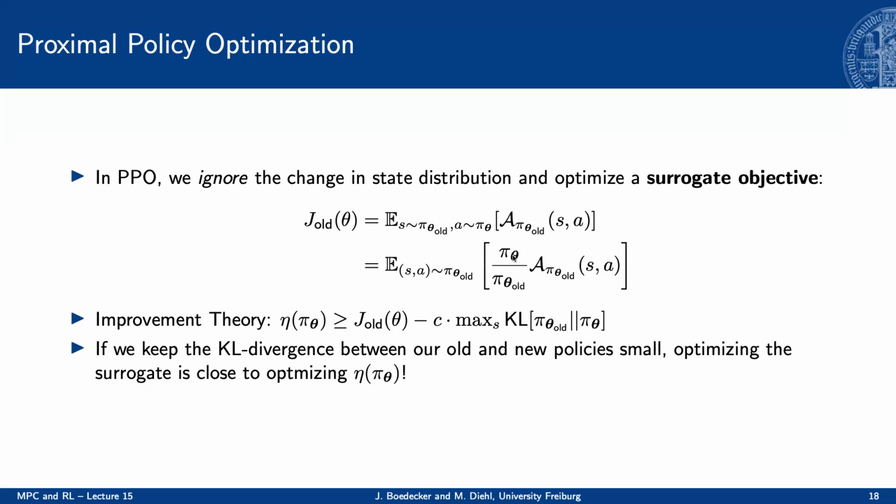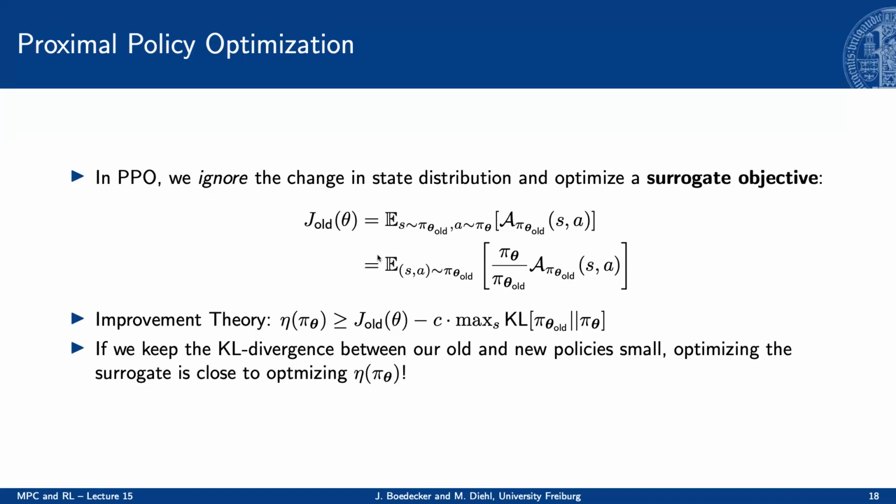We would like to take the expectation with respect to our new policy with the new parameters, but we are taking the expectation with the policy that we gathered the data from, which was pi old. So we introduce an importance weight here in order to correct the probabilities for the returns or the advantages that we got when we executed our old policy. Okay, that's the main idea.